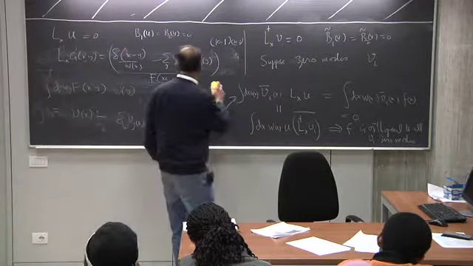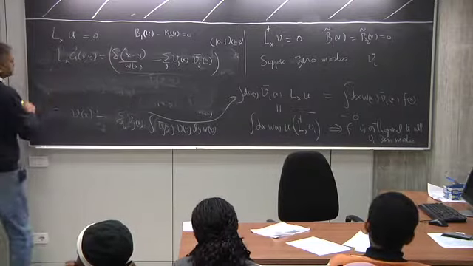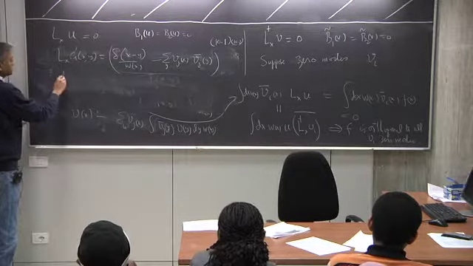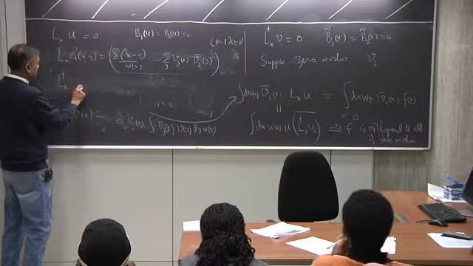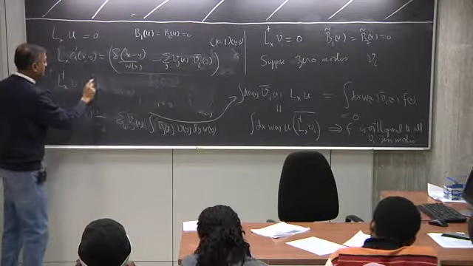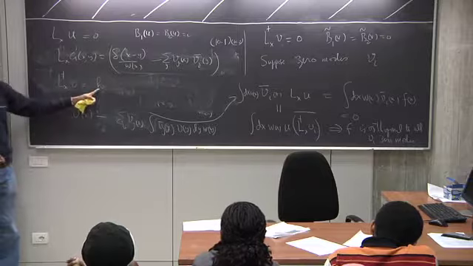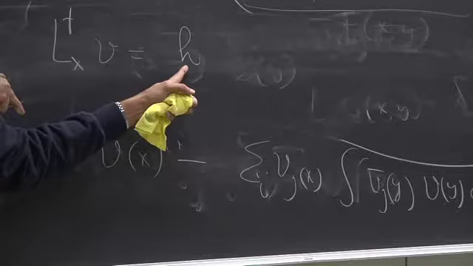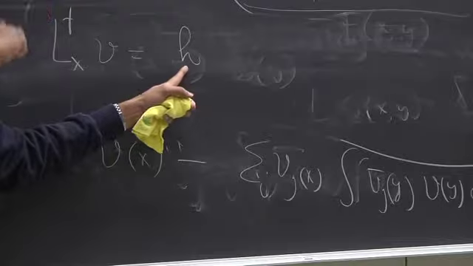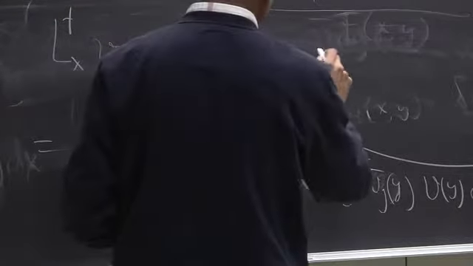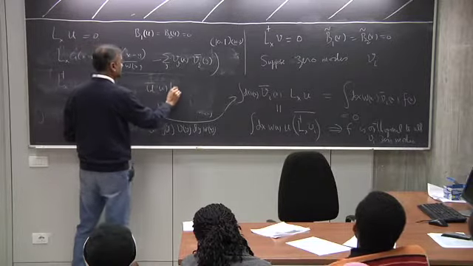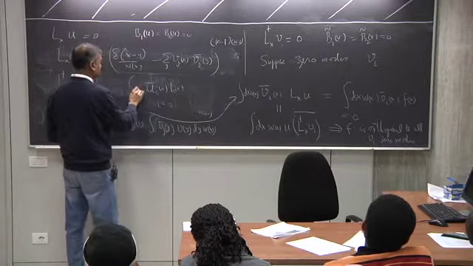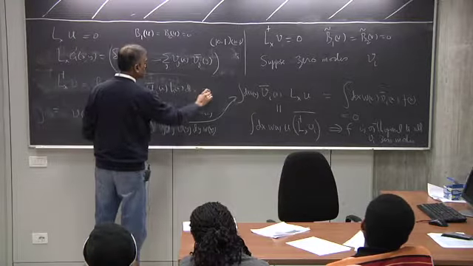Exactly the same argument works for the L-dagger operator. If you consider such an equation equal to some h, then just as before, the solution can only exist if h is orthogonal to the L 0 modes, not L dagger 0 modes. So this h must be orthogonal to all the ui bar x: the integral of ui bar x hx should be equal to 0.